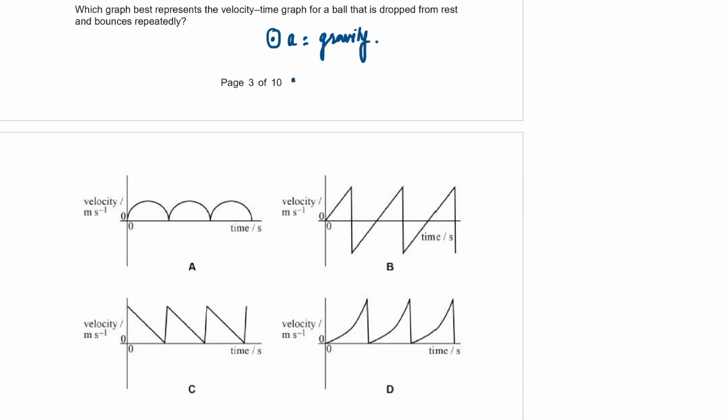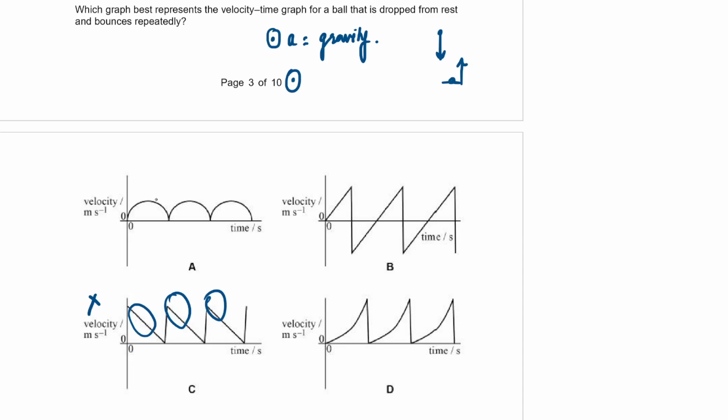Second, when the velocity is coming down, it has one direction, and then it bounces off and the direction changes. That means your velocity time graph should have two directions of velocities. So this does not happen because this has only positive velocity.